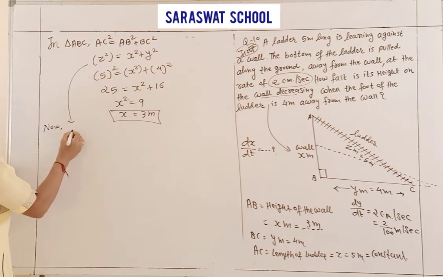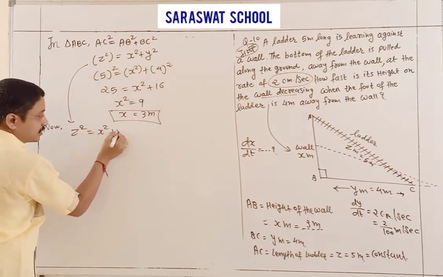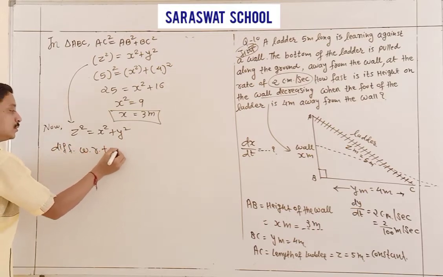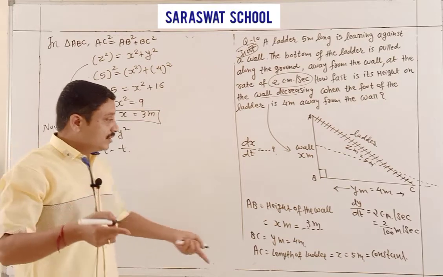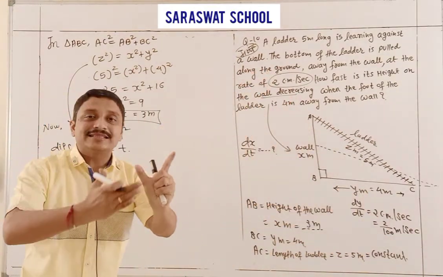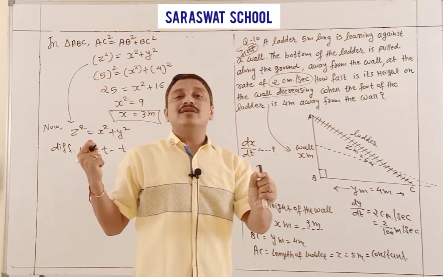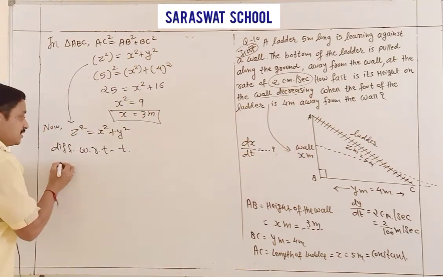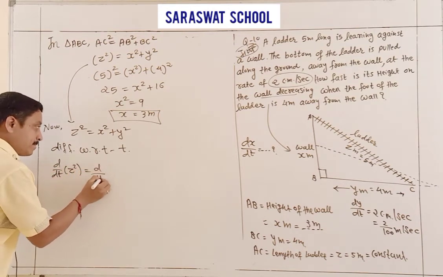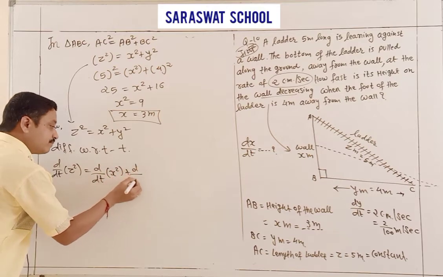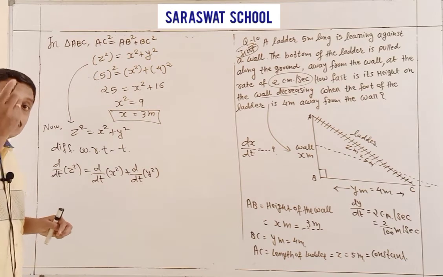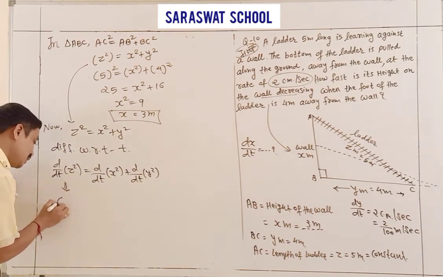Again I am checking here: Z square is equal to X square plus Y square, and differentiate with respect to time, because the rate per second is given, as the ladder moves slightly away from the wall and the height decreases. So d by dt of Z square, same d by dt of X square, same d by dt of Y square. Now take the derivative of Z square. It is 0.